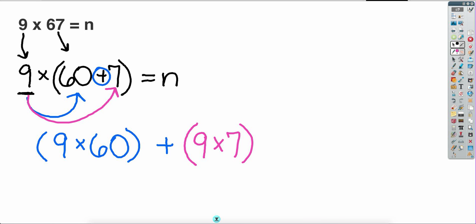So you could see I did 9 times 60 plus 9 times 7. So we're distributing the 9 to each of the values inside my parentheses.